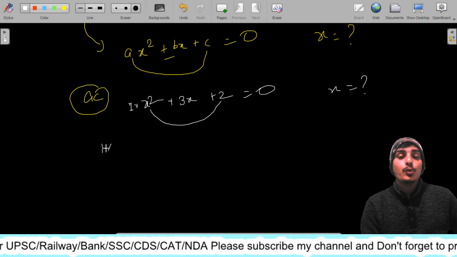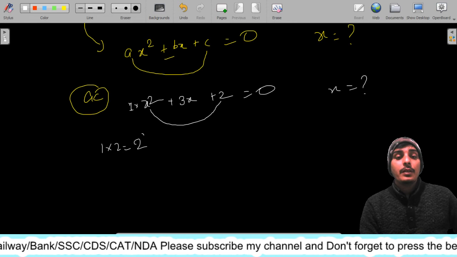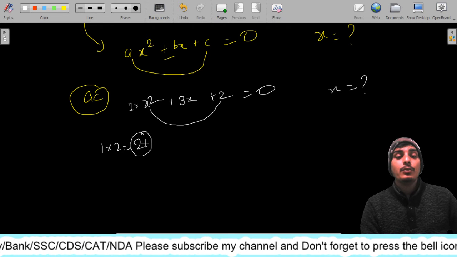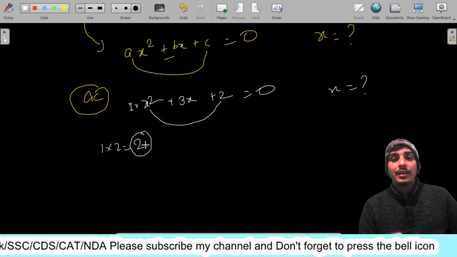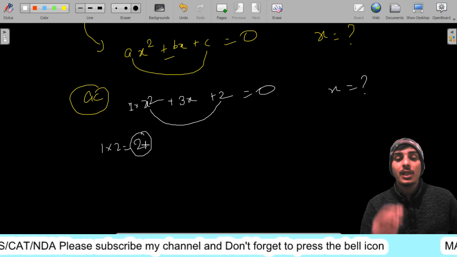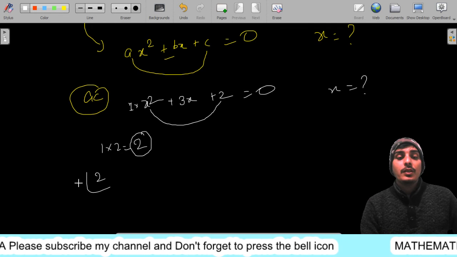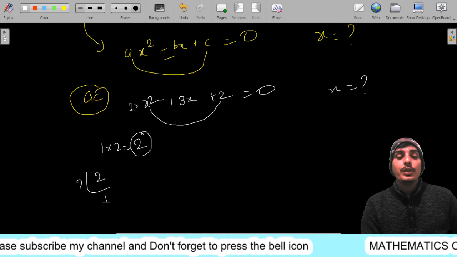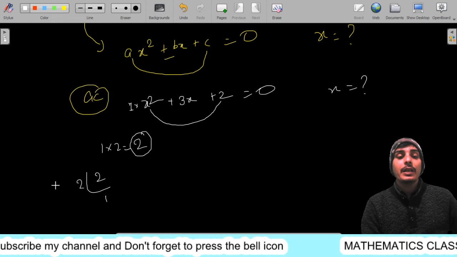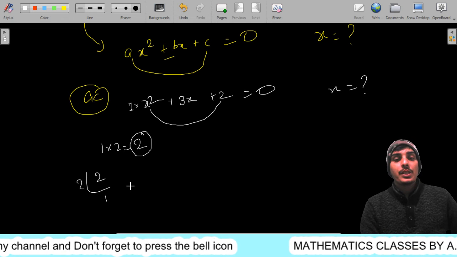So 1 into 2, after multiplying you get 2, and at last you have to factorize it into two terms which after adding give the value of 3x. When we factorize 2, you can write 2 into 1, and after multiplying you will get plus 2x square, right?